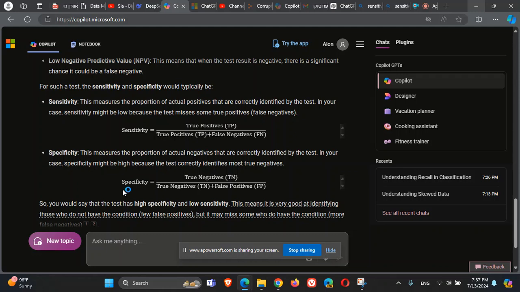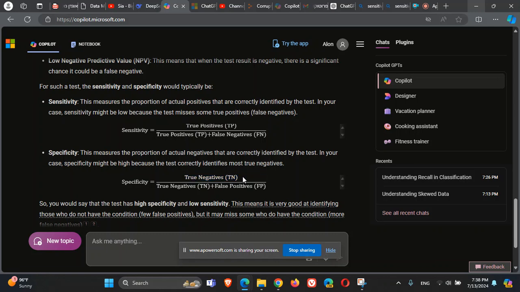The true negatives are the ones that it wants to catch, at the price of telling some diseased patients that they are negative. So if a specificity test tells you that you don't have the disease, maybe you do have it, but if it tells you that you have the disease, you have the disease.